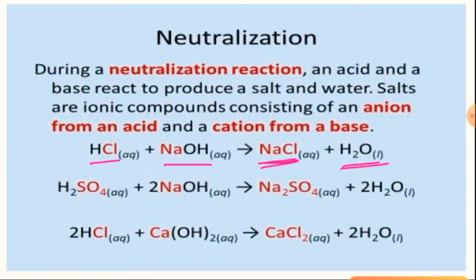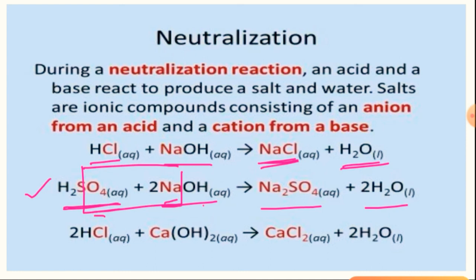Now let's look at some more examples so that we can understand how to write the reaction. This is another acid, sulfuric acid, and sodium hydroxide we have taken as a base. Again, we take the cation from the base and the anion from the acid. These two will react together. We are getting sodium and sulfate, so sodium sulfate will form here as salt, and H and OH will form to produce water.